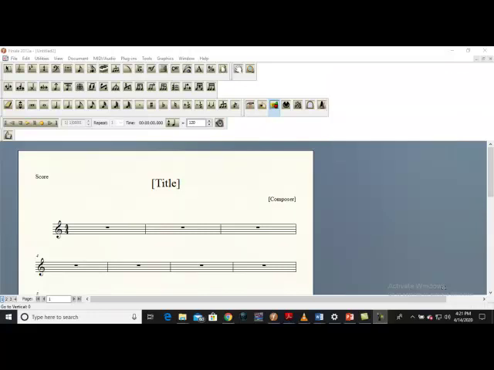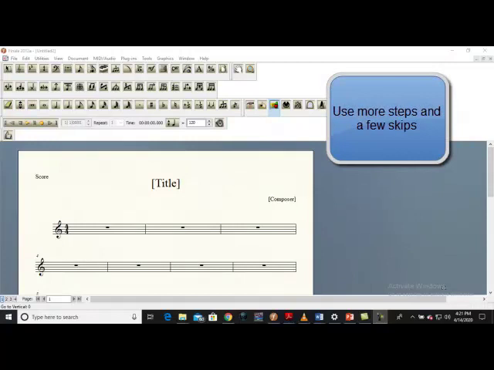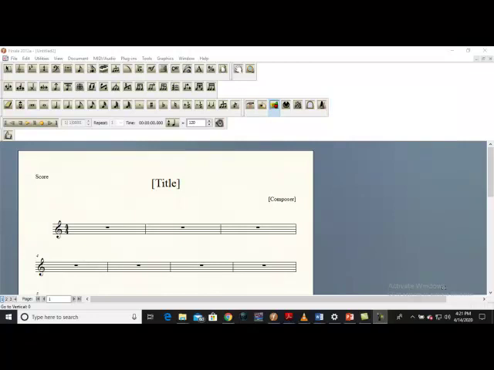Okay, so we continue. The third rule is to use more steps and a few skips. As we explained earlier, steps are just close movement, one movement to the closest note. From one note you move to the next note and the next note without any jump. And a few skips. A skip is when you move over a note to the next note.